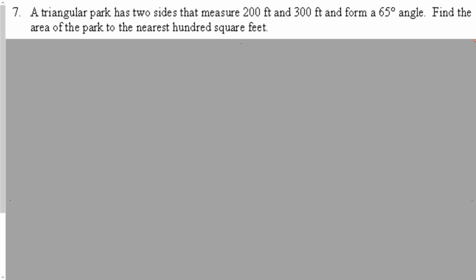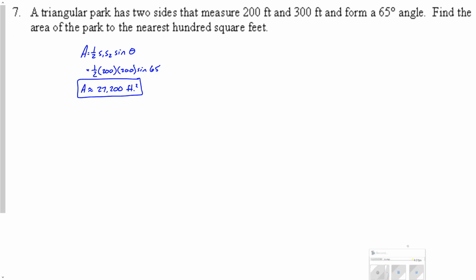The next one, again, I'd like you to read through it and find the area of this park in this case. So again, we were able to use the formula area equals 1/2 side 1 side 2 times the sine of theta.